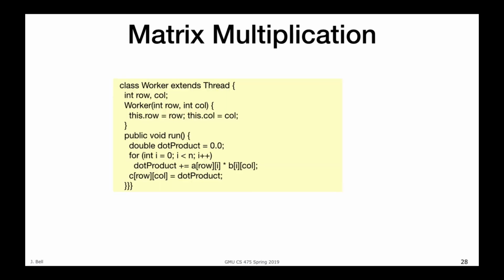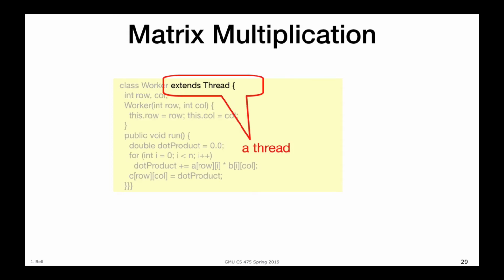So here's a worker thread that computes this matrix multiplication. The worker in position I comma j, row, column, is computing the final value for that position I comma j. Note here that what we've got is a thread, meaning that this worker is going to run concurrently with other threads also.